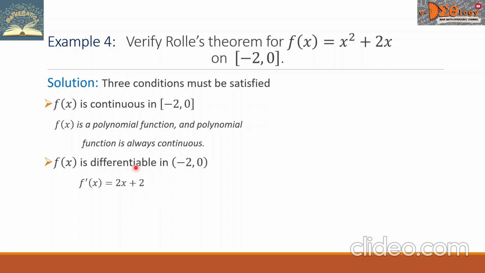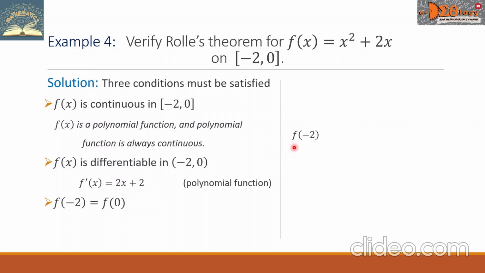We can say that our derivative function is another polynomial function, and we say that this is always continuous. So, second condition is satisfied. Third condition, with respect to our interval given, we write f of -2 must be equal to f of 0, and we need to check this one.